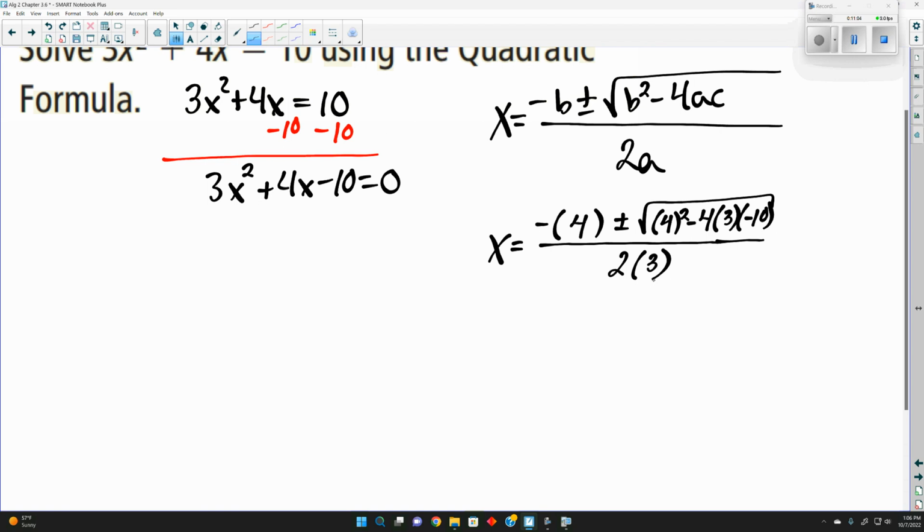Now we need to simplify. Well, we'll have negative 4 plus or minus. In the denominator, 2 times 3 is 6. Inside the square root, we have 4 squared minus 4 times 3 times negative 10.